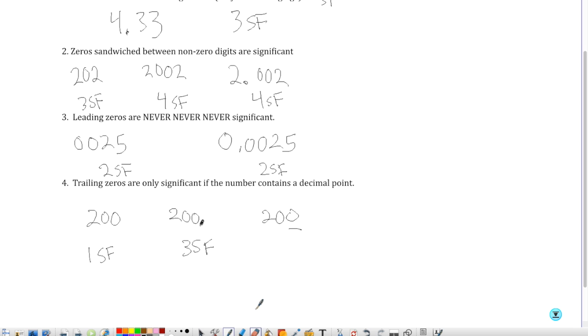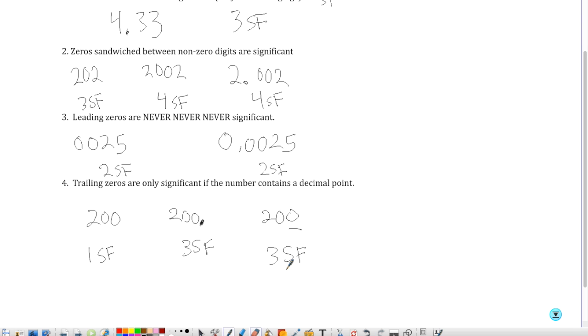Other people use it, but I don't use it a lot. And that's to underline that number to show that it's significant. Sometimes when I'm doing long calculations and you follow your significant figures through calculations, I'll use this as a way of showing how many significant figures I have in a certain number. But doing this would still show 3 sig figs.